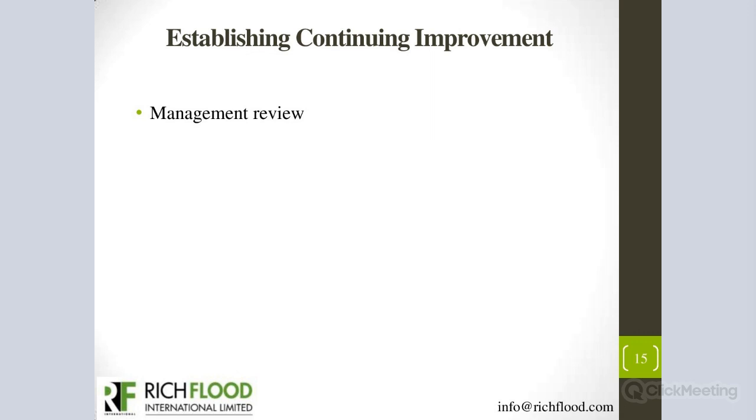Part of the way this is done is to have a management review, to ensure success and continuing improvement. Regular reviews of your EMS are needed to check the progress of your EMS and of the environmental programs set up to meet targets.